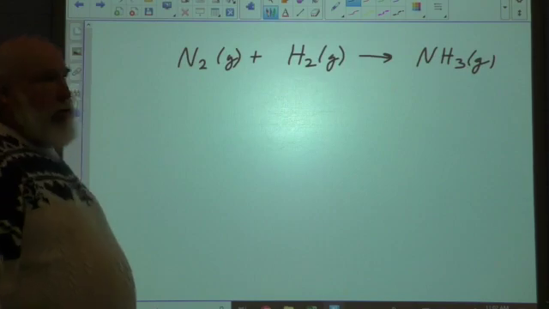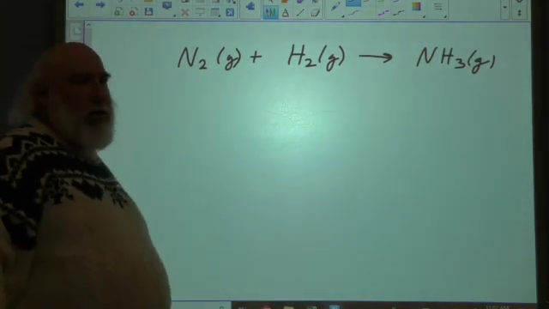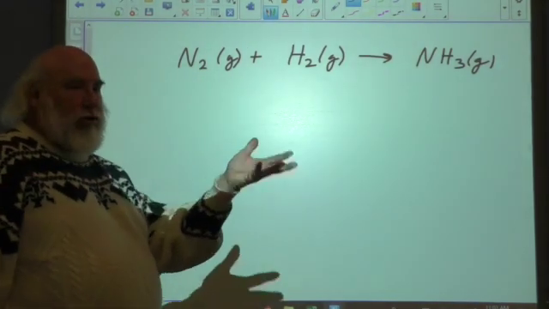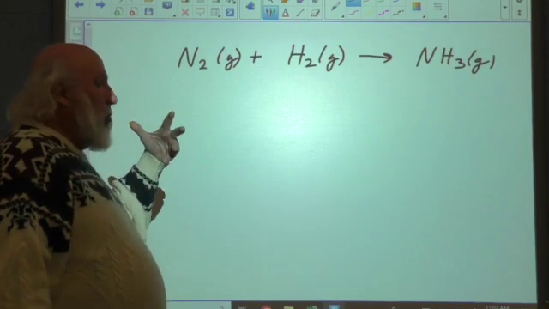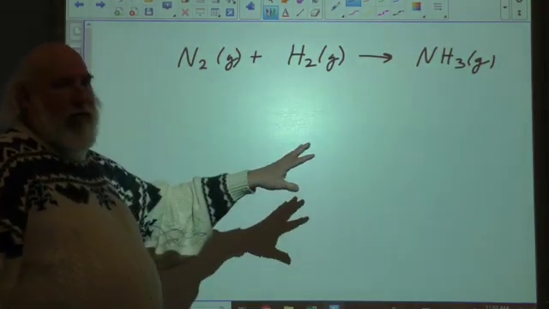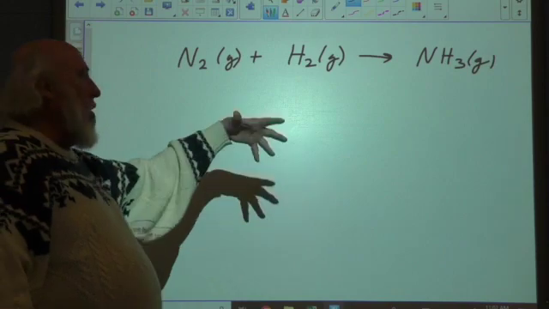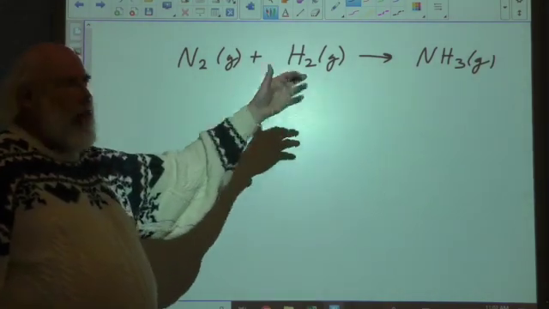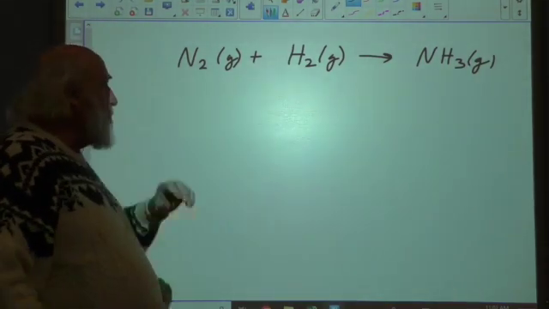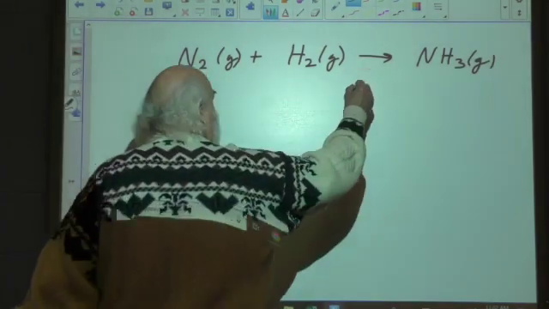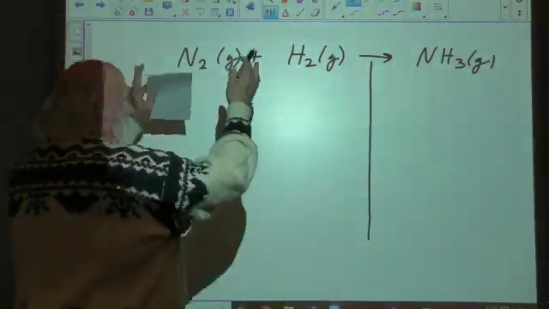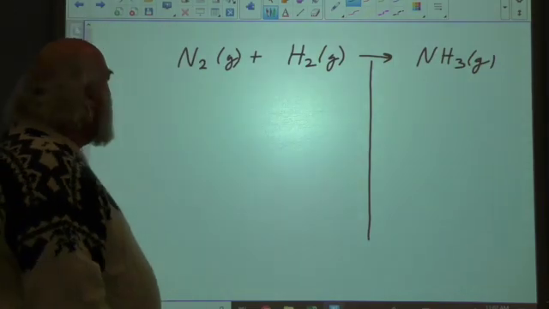This nitrogen in the atmosphere is not reactable, so the plants cannot take nitrogen out of the atmosphere. So we have to put in some form of reactable nitrogen in the ground, and one of the most reactable forms is ammonia. So again, draw the line here to separate the reactants from the products.